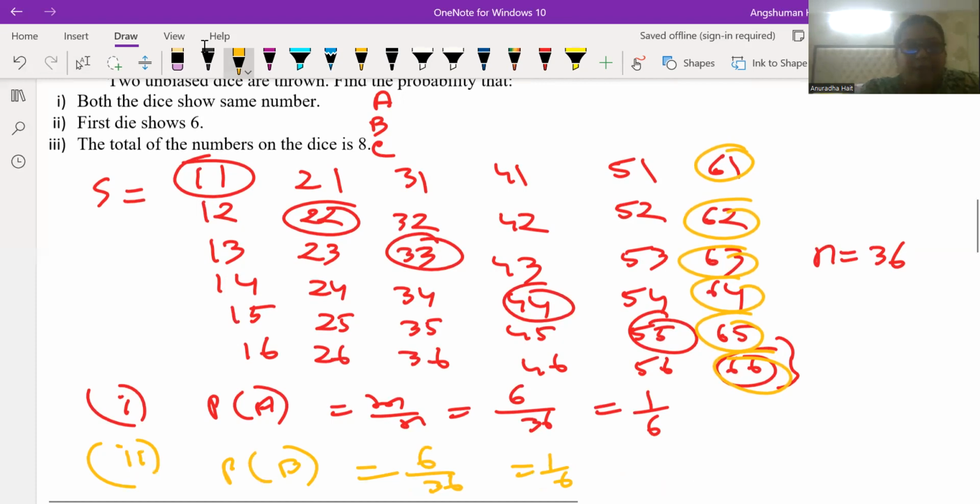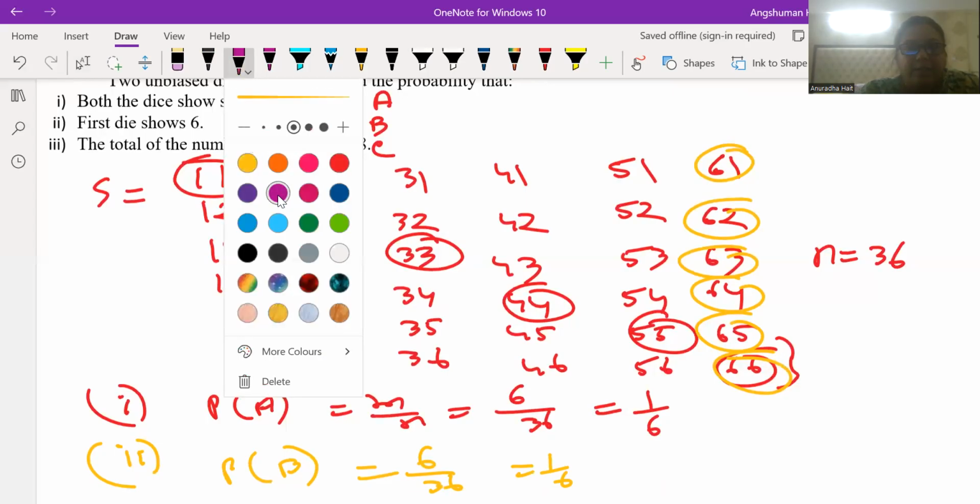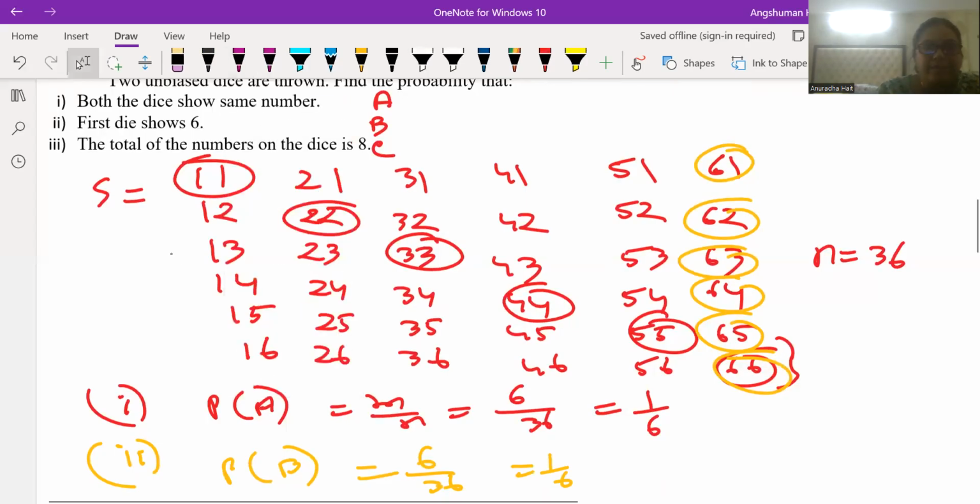Now next is what? The total on the dice is 8. If you add the numbers, it should be equal to 8. Let me see. Starting from the first, 1 plus 1, not 8. Go to the last one, 1 plus 6, not 8. Again, go to the second column and then to the last value. Are you getting 2 plus 6 equal to 8? This is satisfying my condition.